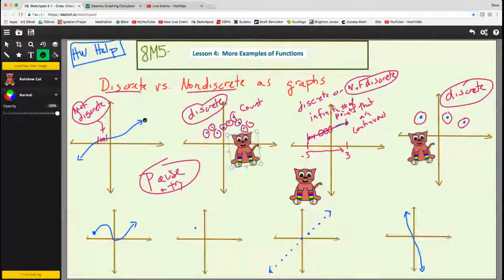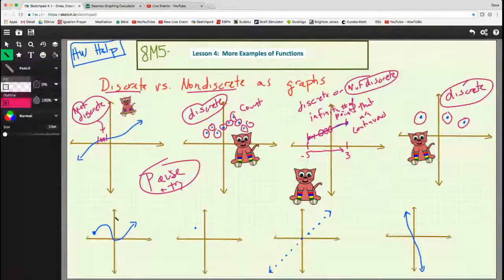All right, let's get back to these last few. So this one, just like number 3, is not discrete because I have an infinite number. It's a nice smooth curve. Not discrete.